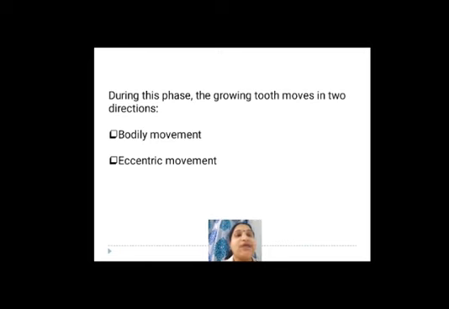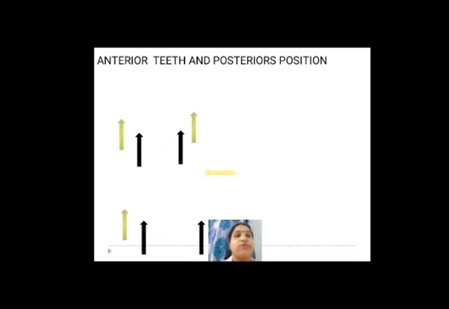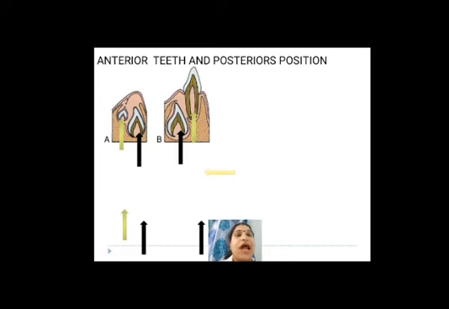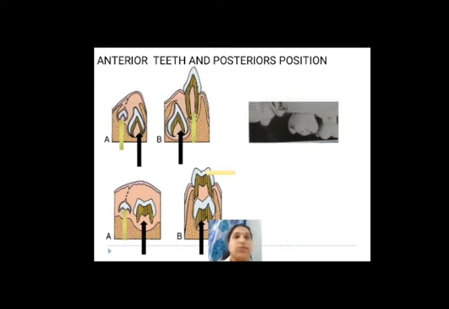So during this phase, the growing tooth moves in two directions. One is bodily movement, the other is eccentric movement. This indicates the position and the movements made by the anterior and the posterior teeth within the jaws.